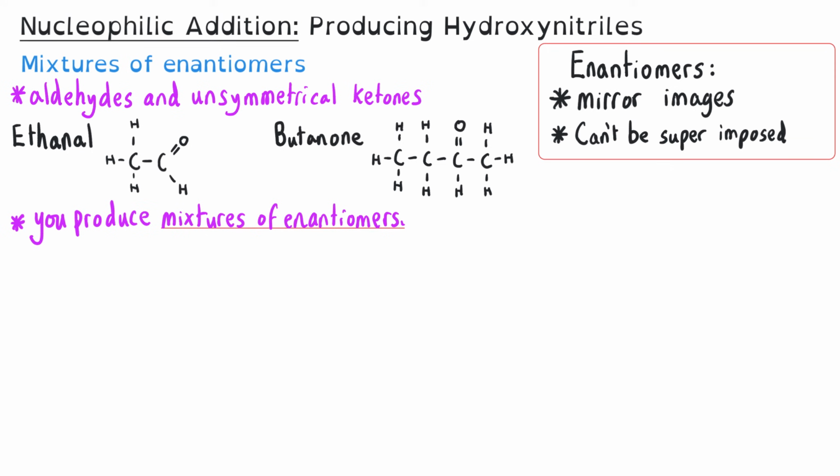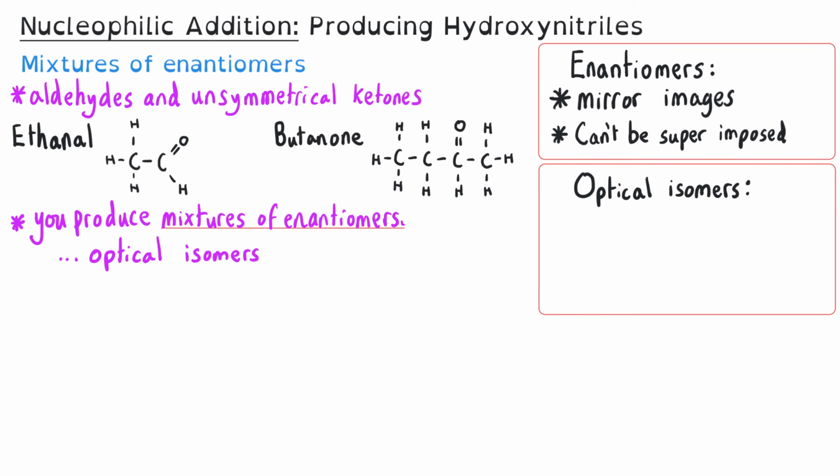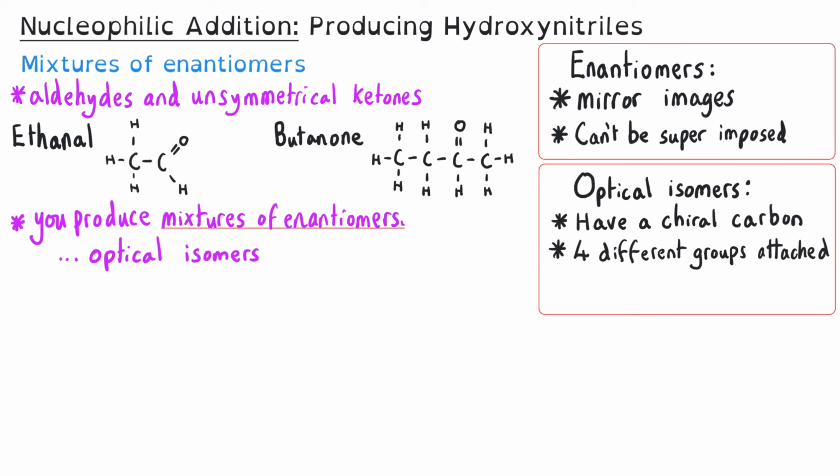Another way of referring to enantiomers is to call them optical isomers. And you get optical isomers when there is at least one chiral carbon within a molecule. And a chiral carbon is a carbon atom in the molecule that has got four different groups attached to it. And these optical isomers will rotate plane polarized light, either in a clockwise direction or an anti-clockwise direction.